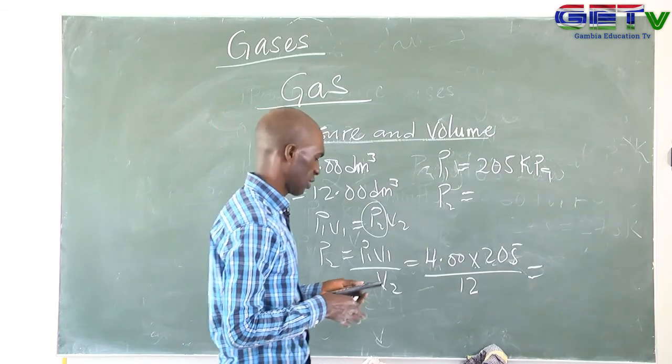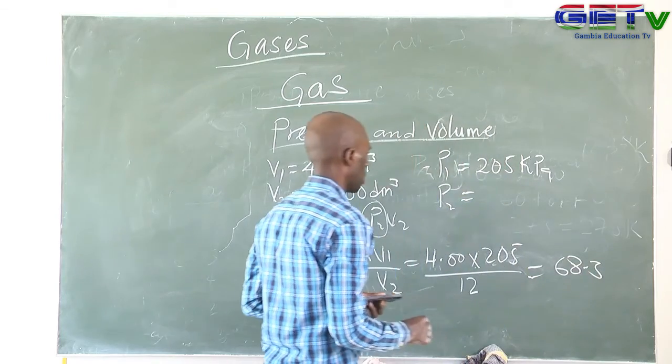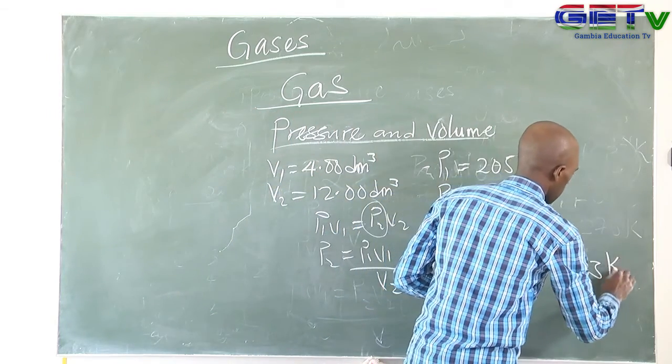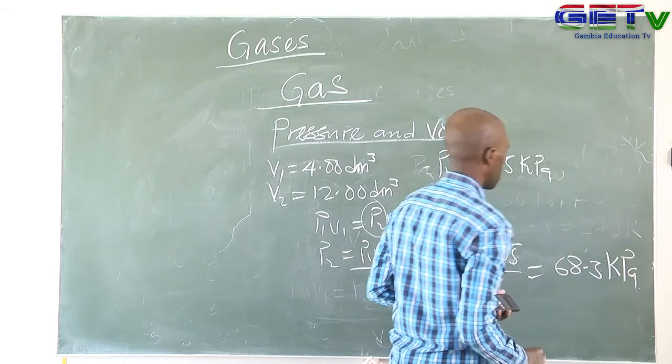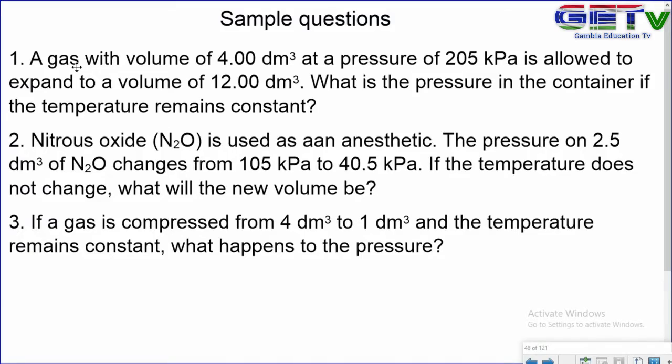Our answer is 68.3. Since the unit of pressure is kilopascals, our answer is going to be in kilopascals. So looking at the answer, it makes sense. Why? Because volume is increasing, so obviously pressure should decrease. If volume increases, pressure should decrease.